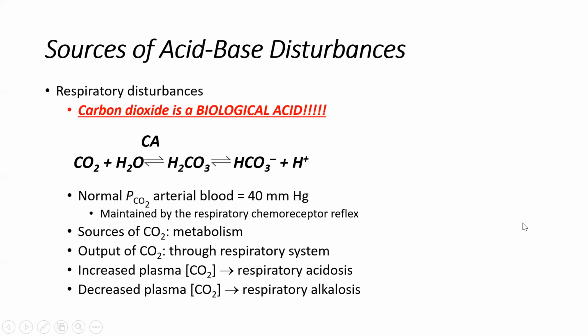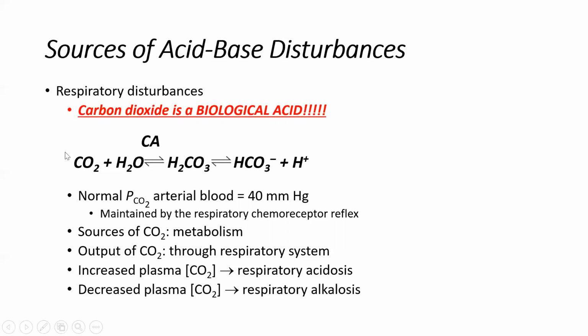So let's talk about the respiratory disturbances a little bit. Carbon dioxide, we know, is a biological acid. It behaves as an acid in our body. The way the lungs can convert that CO2 back to acid is via the enzyme carbonic anhydrase.